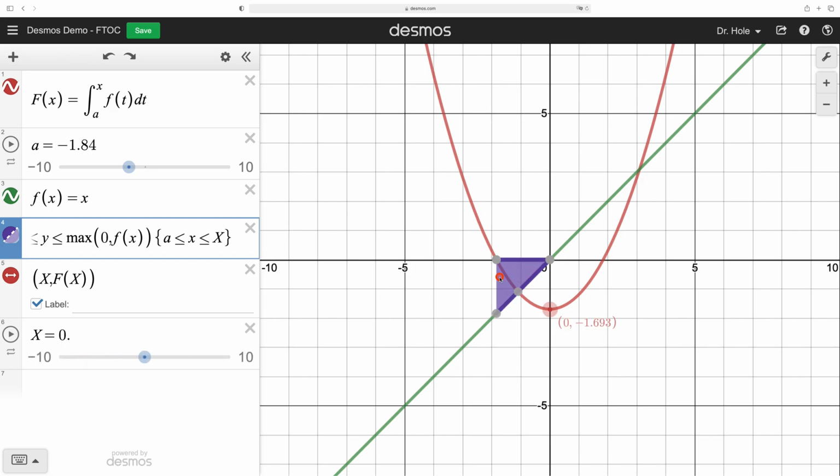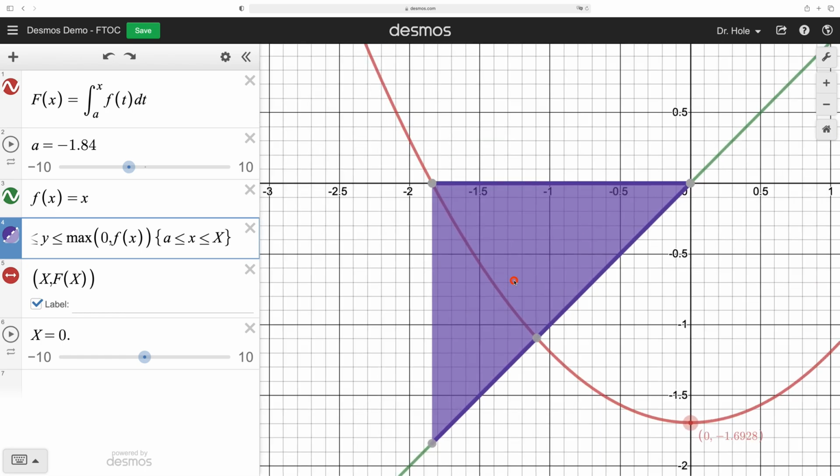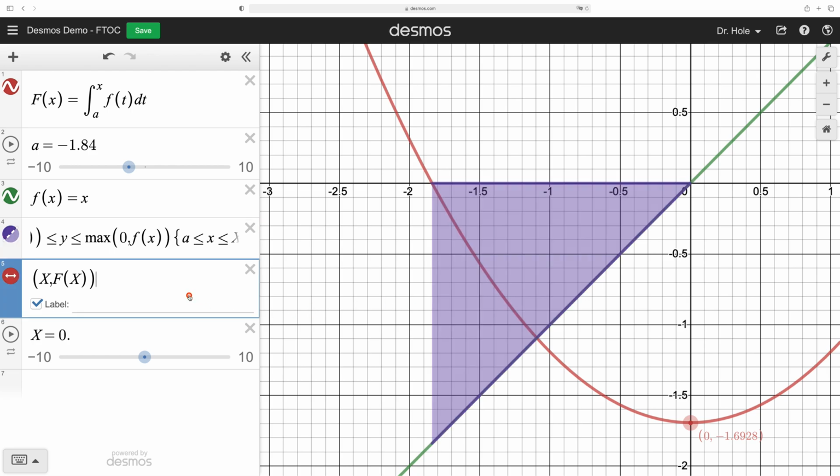Now, we have a purple region shaded in our graph, and that purple region is going, vertically, from the x-axis down to the graph of f, y equal x. Right? And then we have a red dot plotted at the coordinates capital X, comma, f of x, where capital X is set equal to 0.